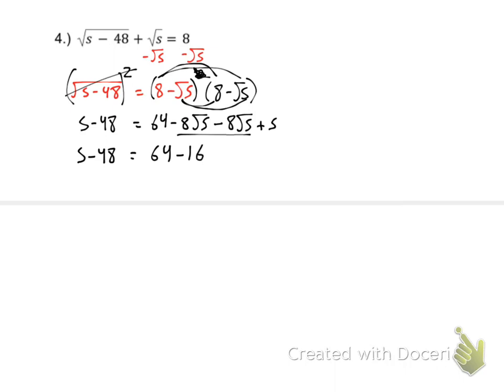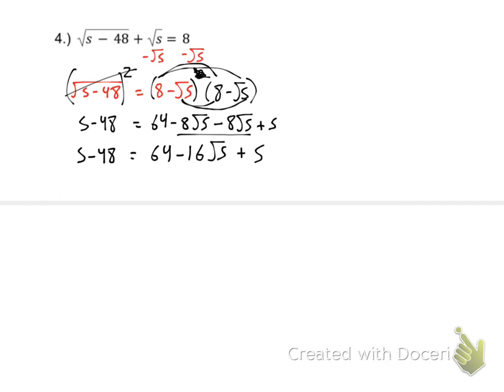It's a negative 16 square root s plus s. What do we want to do now? Can I gather? Now look, doesn't that go back to the original problem? I've got a problem with a square root in it.